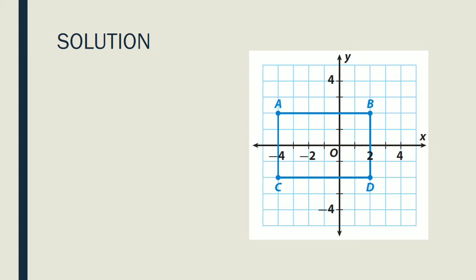The location of the point is at the intersection of the x and y coordinates. So, A is located at -4, 2. B is located at 2, 2. While the coordinates of C and D are -4, -2, and 2, -2, respectively.